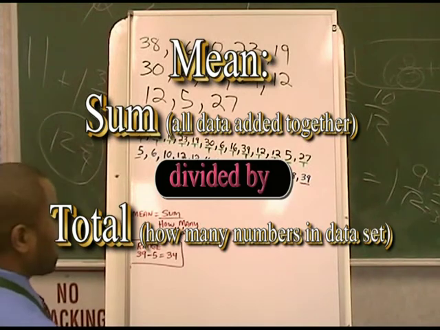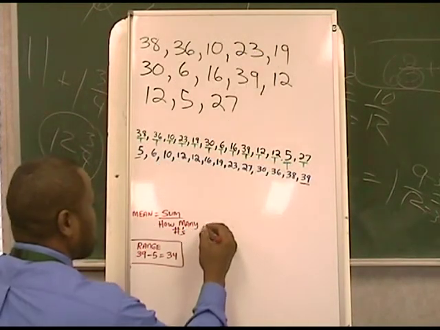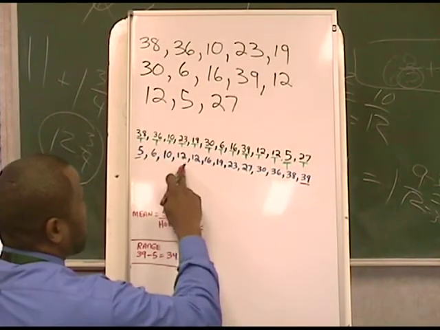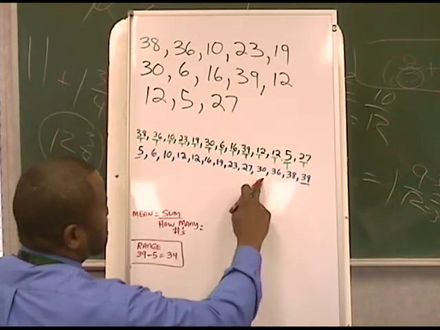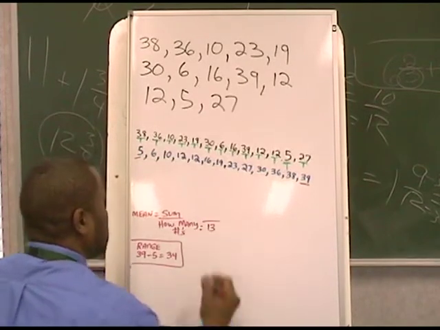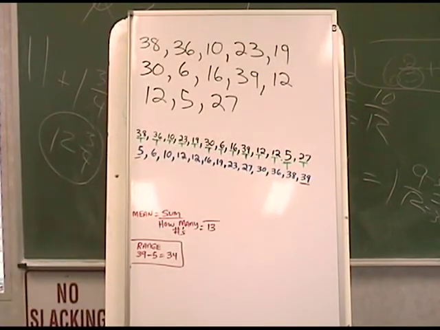And we know how many numbers there are: 1, 2, 3, 4, 5, 6, 7, 8, 9, 10, 11, 12, 13. 13 numbers, but we don't know the sum of all those numbers just yet.